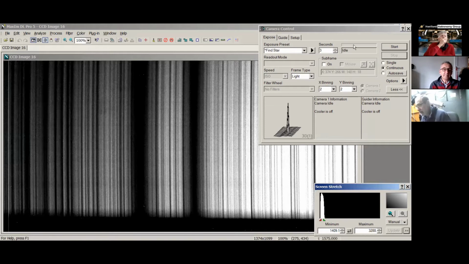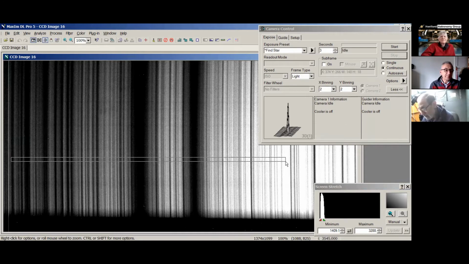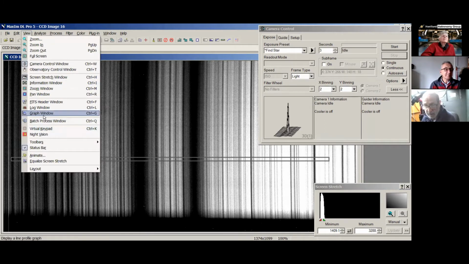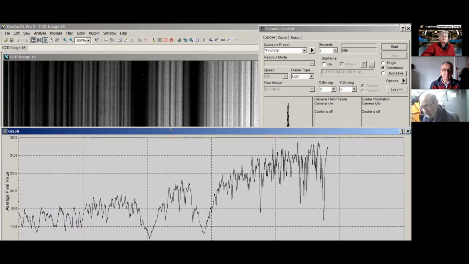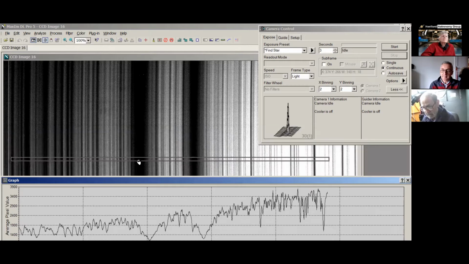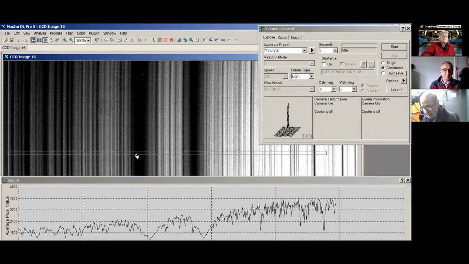One thing about spectroscopy, everything is a compromise in spectroscopy. View, graph windows. Okay, that's as good as it will get.